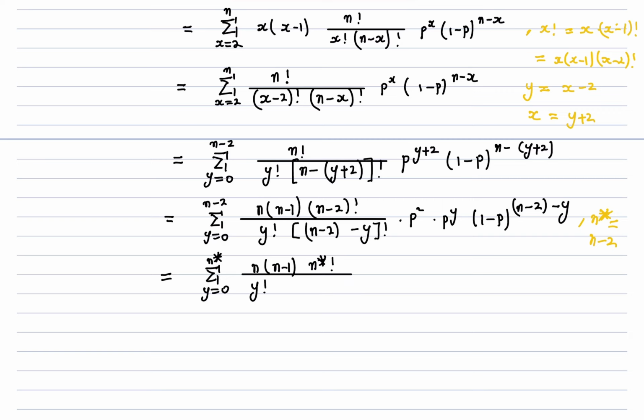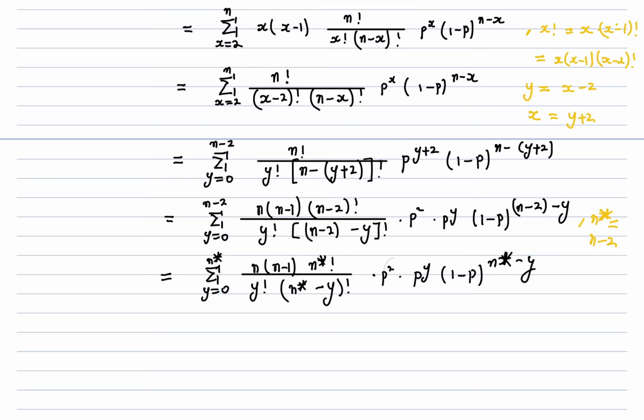Put in the denominator y factorial, then n star minus y factorial. Still got our p squared, still got our p to the y, and we still have our 1 minus p, but now it is to the n star minus y at the front. Now, the n minus 1 and the p squared are all independent of the terminal index, I should say, the y.